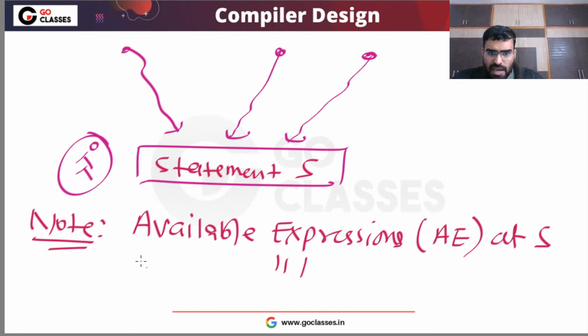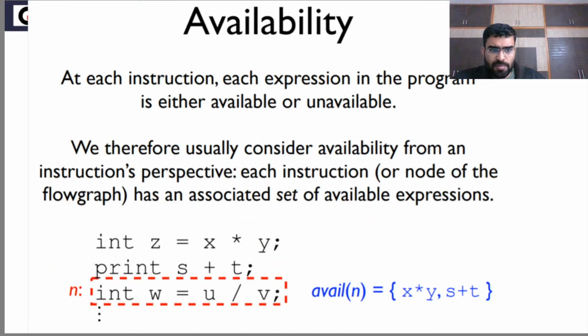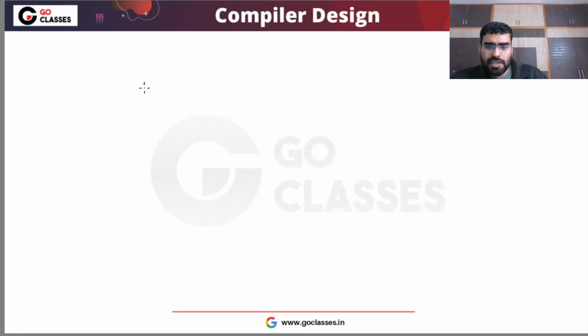The same as in the liveness analysis we have done, available expressions at s means just before s. So available expression at s means available expressions just before s.